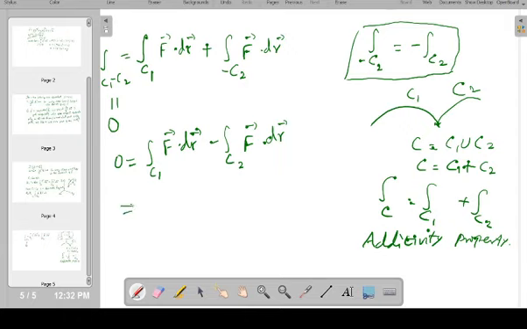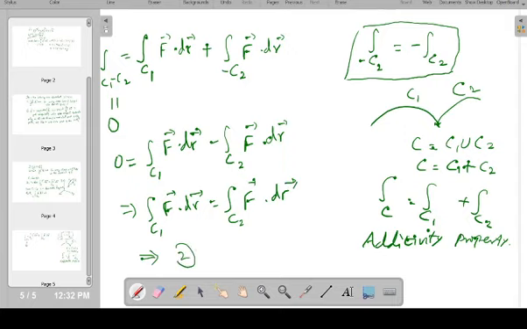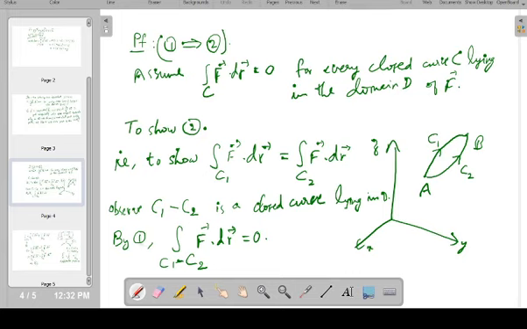This implies the integral over C1 f dot dr is the same as the integral over C2 f dot dr. So this is precisely path independence, or statement 2. So 1 implies 2, we have proved.